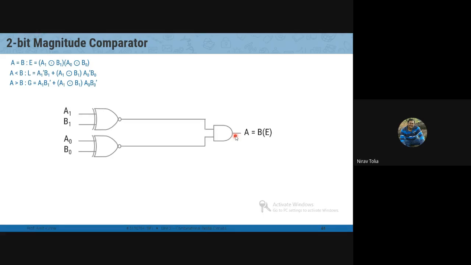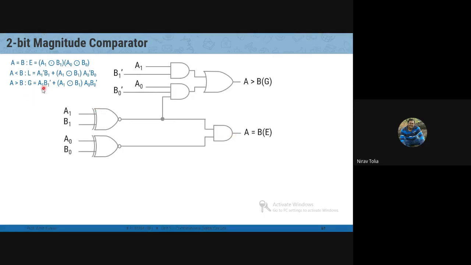Then we require it for A less than B. Sorry, here we have first A greater than B. So what is the equation of A greater than B? You can see here A1 B1 dash. So A1 and B1 dash are given to the AND gate. In the second case, I require A1 exclusive NOR B1, so I take A1 exclusive NOR B1 giving to one of the AND gates, which is a three input AND gate.